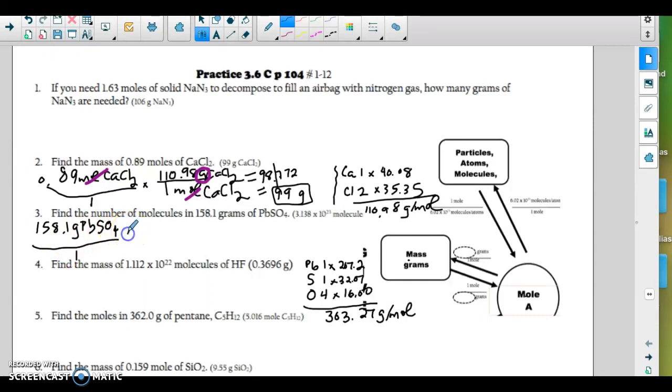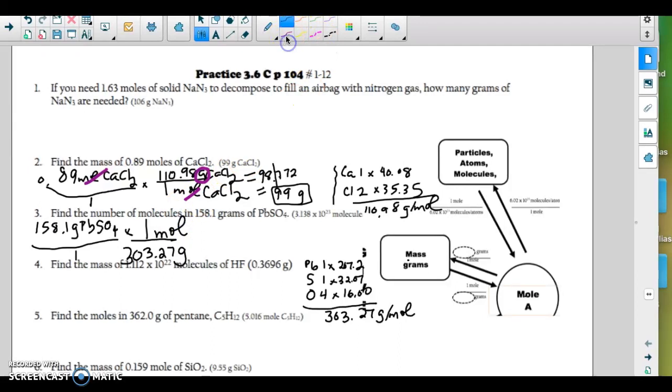So I'm going to want to get rid of the gram right there. So I'm going to put the 303.27 grams in 1 mole. And then I'm going to cancel the gram out. So I'm in moles. So what I did is I just went right here. So now I want to go to molecules because that's what the question's asking me to do.